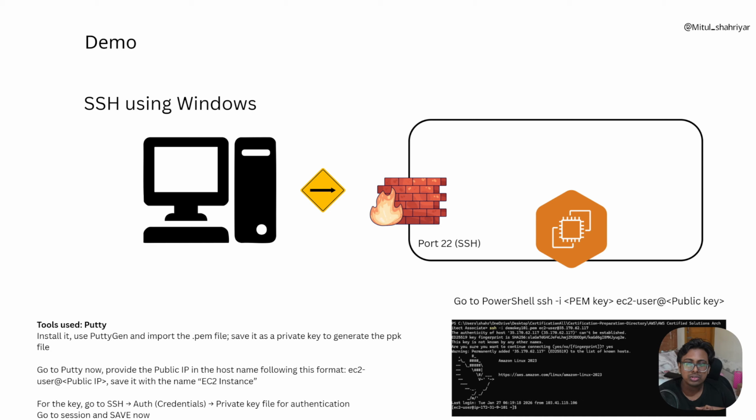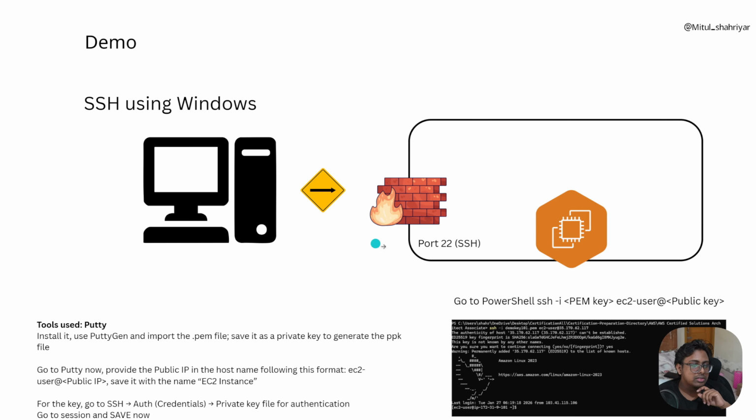If you are using Windows 8 or something, you can use PuTTY to connect to your EC2 instance locally. But if you're using Windows 10 or 11, you can easily just use SSH from your PowerShell. That is pretty easy. Now let's use PuTTY.